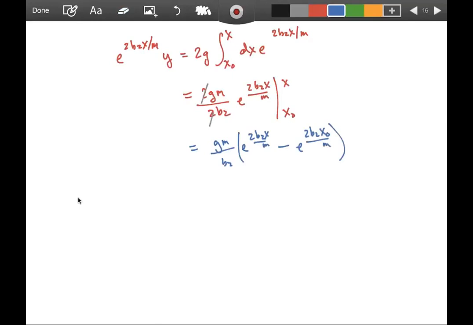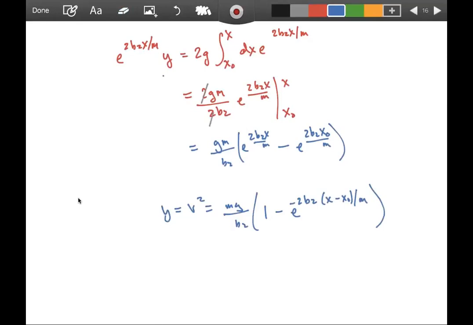Now, since I want only y on the left-hand side, I'm going to multiply both sides by the exponential, but with a negative sign. So finally what I get is that y, which is equal to v squared, is then equal to mg over b2 times 1 minus e to the negative 2b2 times x minus x initial, all divided by m.